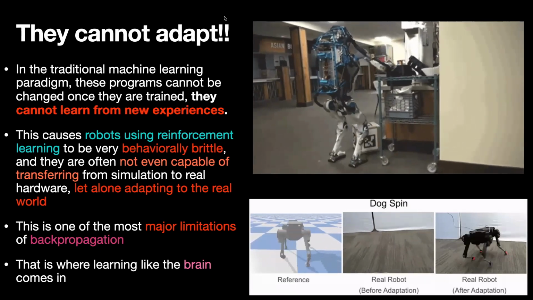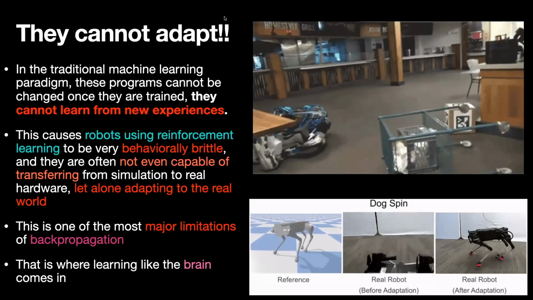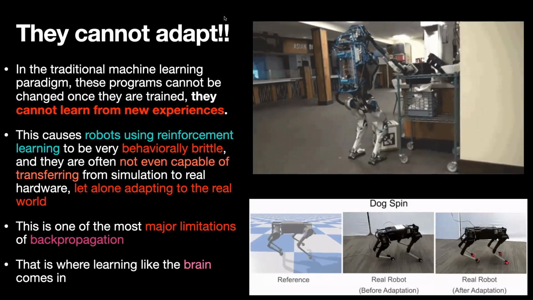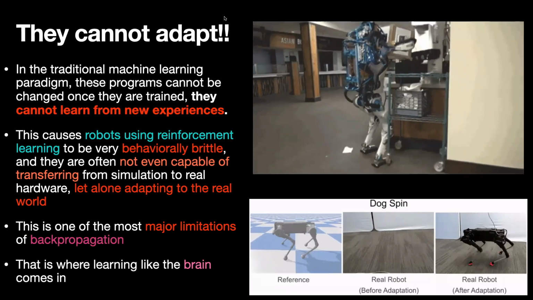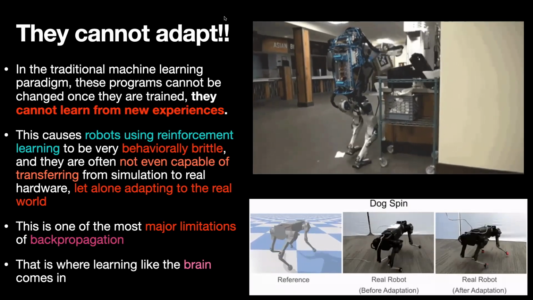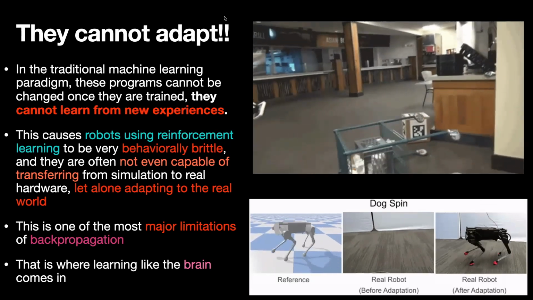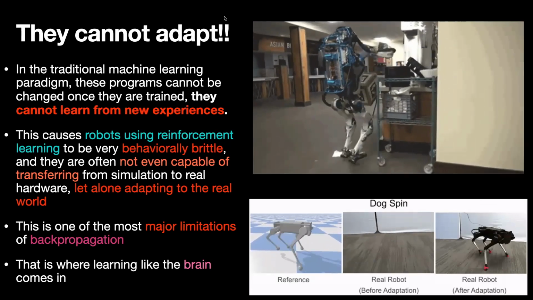There are a lot of problems with that, which are fundamental to the backpropagation algorithm. You may have heard of something called catastrophic forgetting. When you continually use backprop, anything you learned in the past is going to be wiped. It only cares about what you're learning right now.